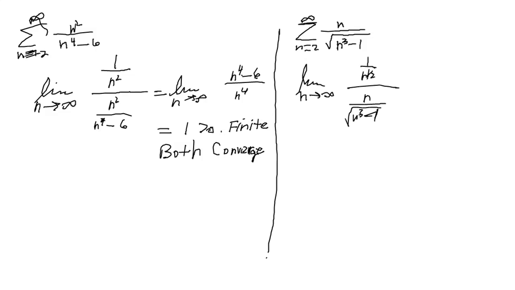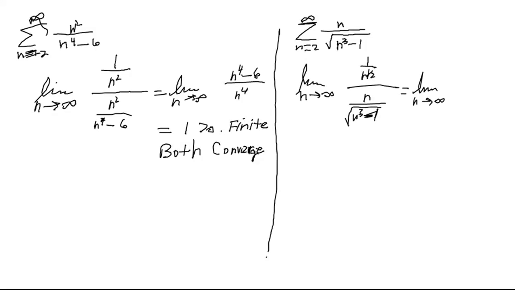It's n cubed minus 1. Okay, that comes down to this. Let's see, we'll have the square root of n cubed minus 1 over, joining these two together, we'll have n to the 3 halves.